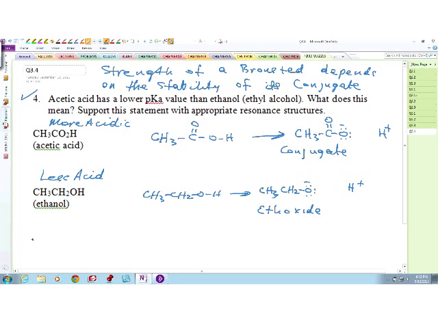Okay? For example, let's take the conjugate base. We have a formal charge of -1 here.